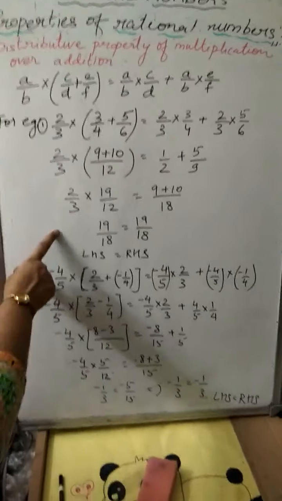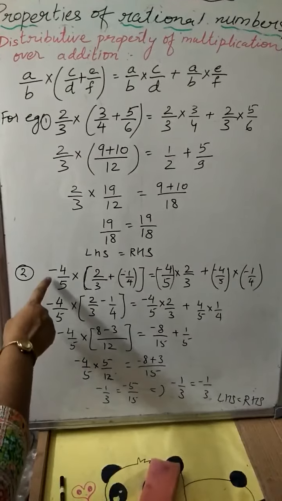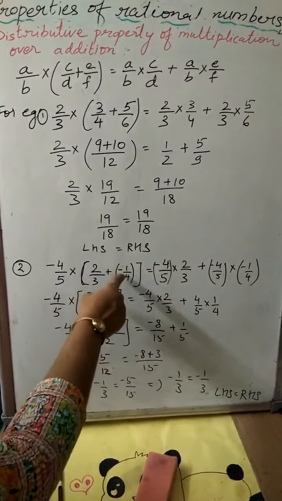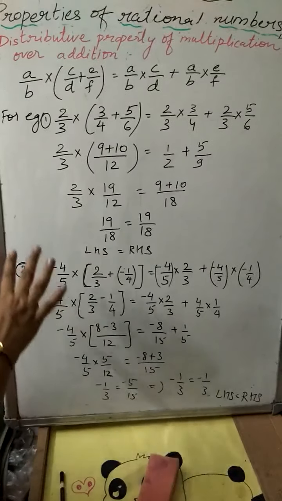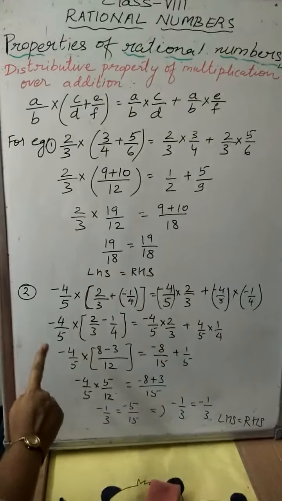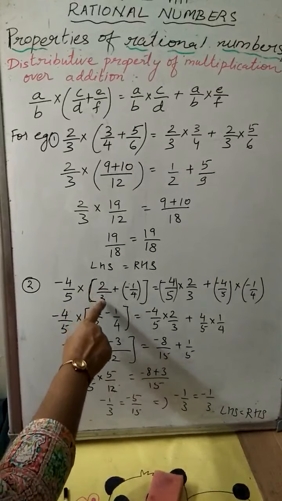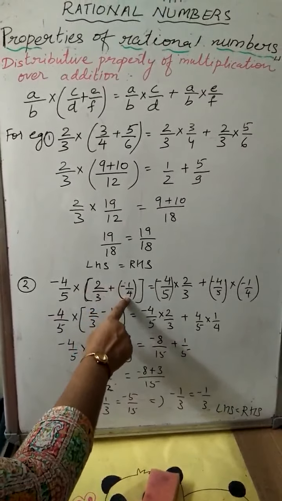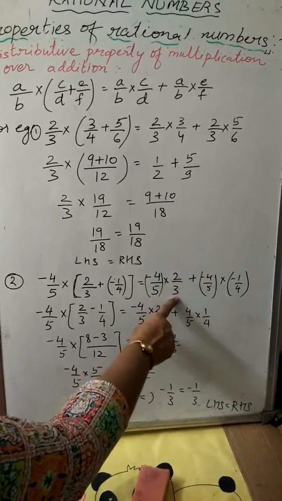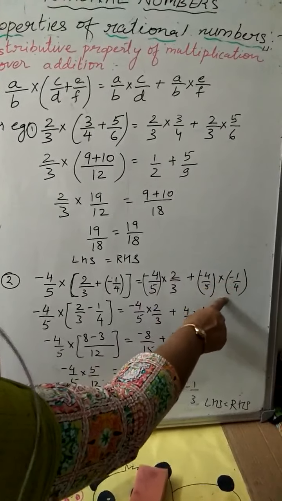One more example I have taken with negative rational numbers: minus 4 by 5, 2 by 3 and minus 1 by 4. By taking these three rational numbers, I am proving the same property. Minus 4 by 5 into (2 by 3 plus minus 1 by 4) is equal to minus 4 by 5 into 2 by 3 plus minus 4 by 5 into minus 1 by 4.